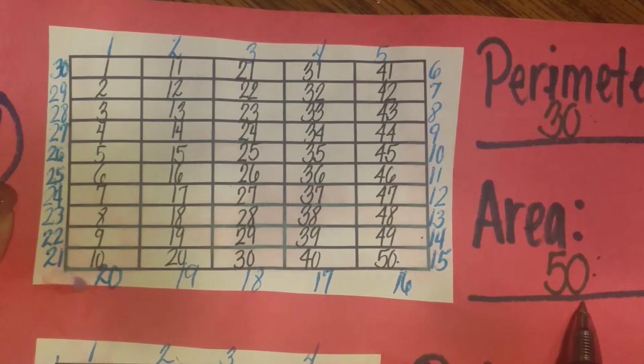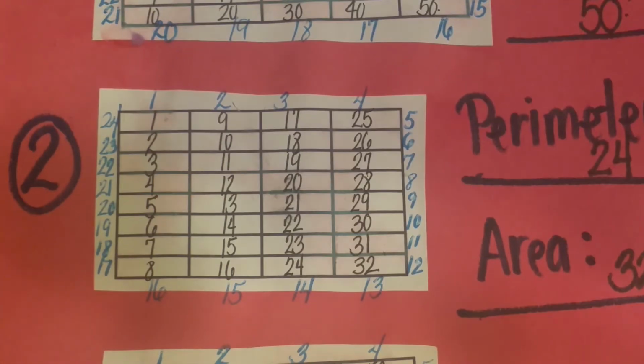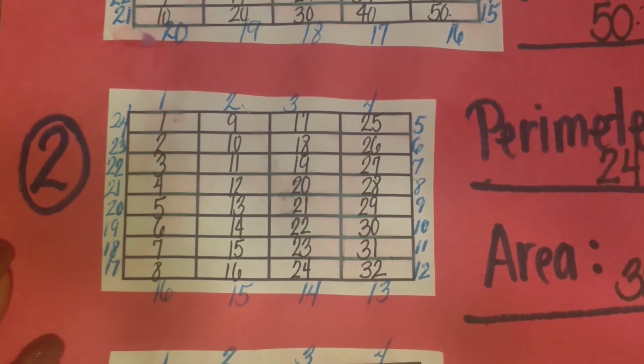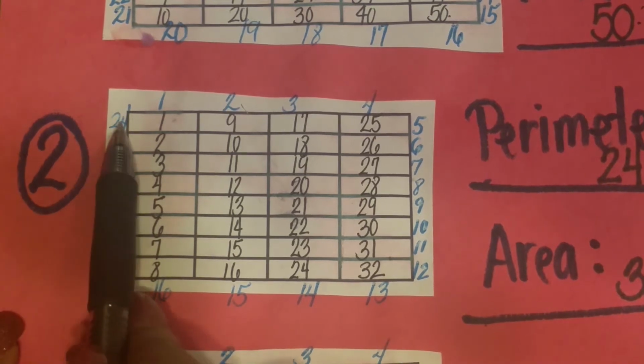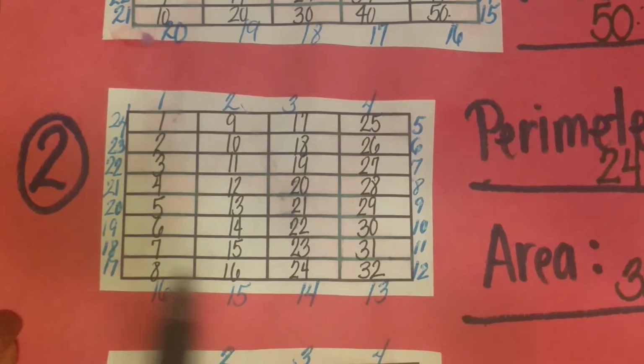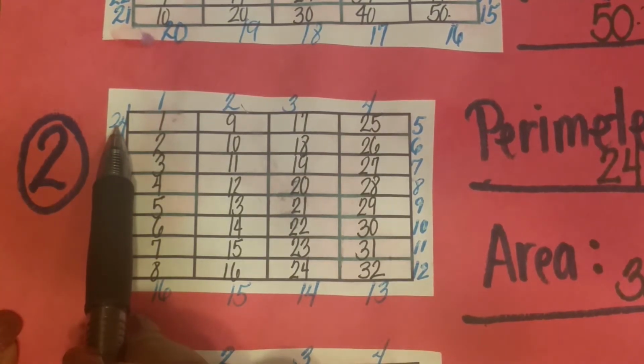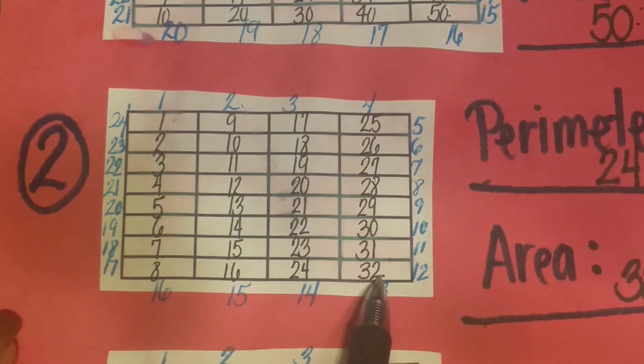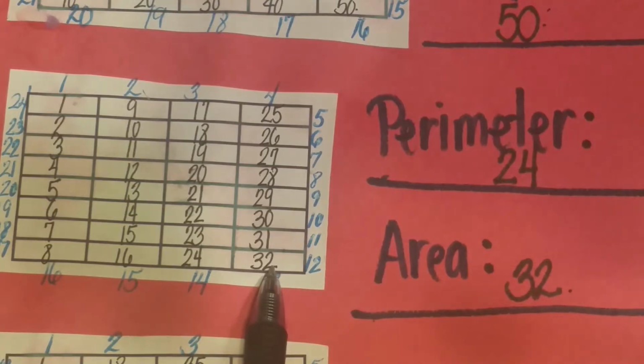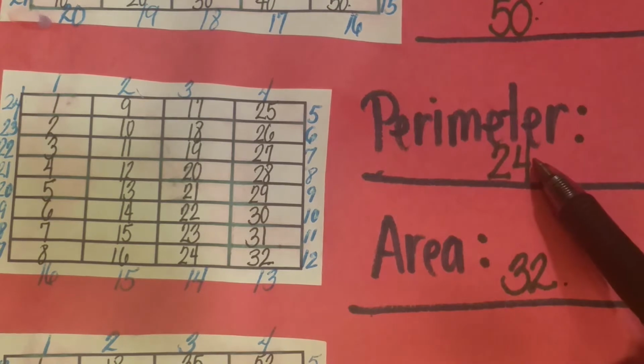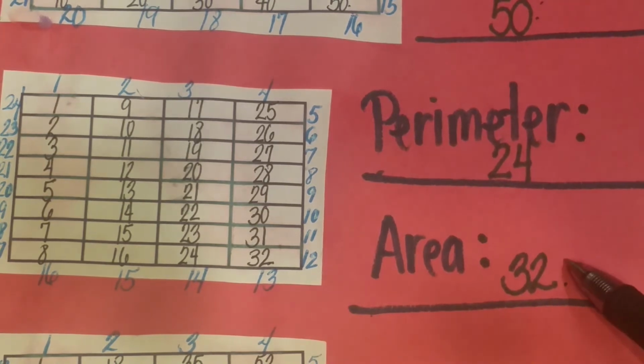For shape number 1, the area is 50. For shape number 2, the perimeter is 24. I counted all the way around. Perimeter is 24. Area, I counted it all on the inside. Area is 32. So for shape number 2, perimeter is 24, area is 32.